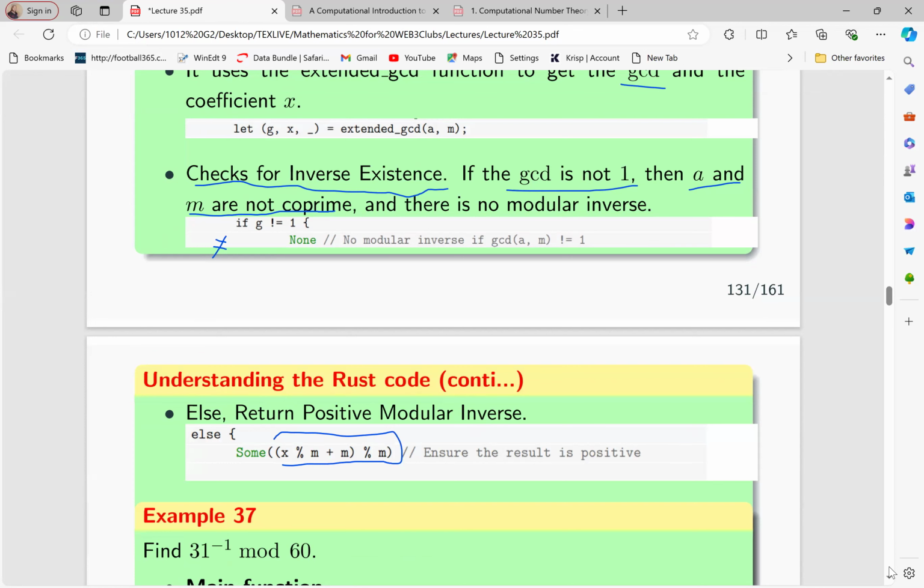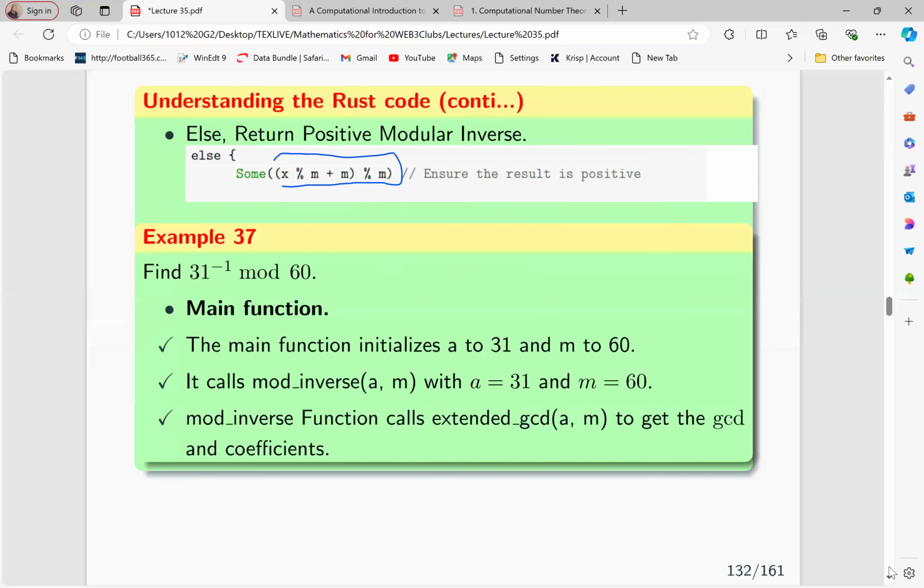I want to show an example of how that function would work, just very fast. Let's look at the inverse of 31 and 60. We want to move the way that function moves, slowly by slowly, until we find the result.